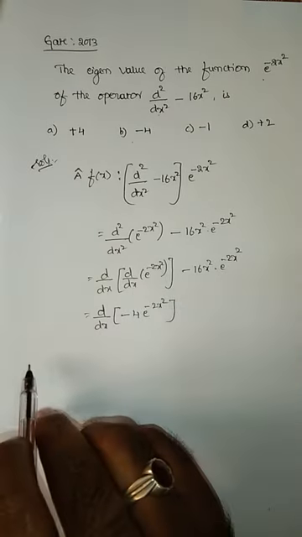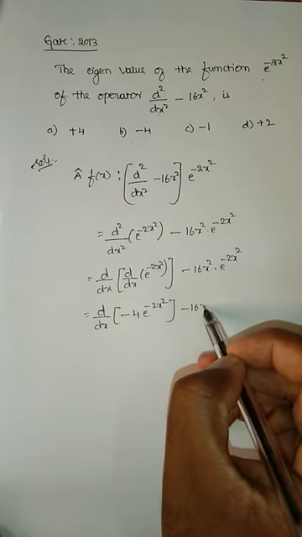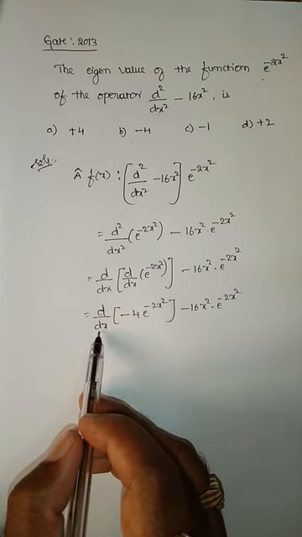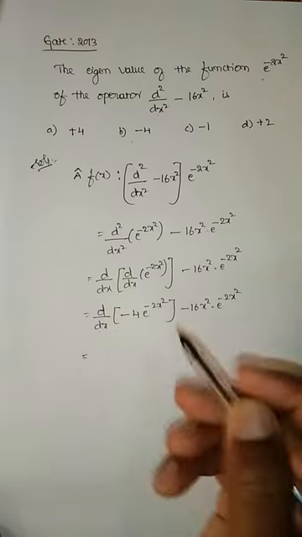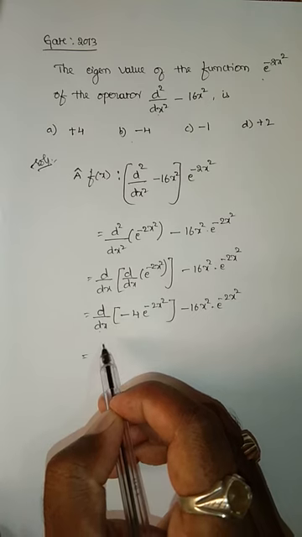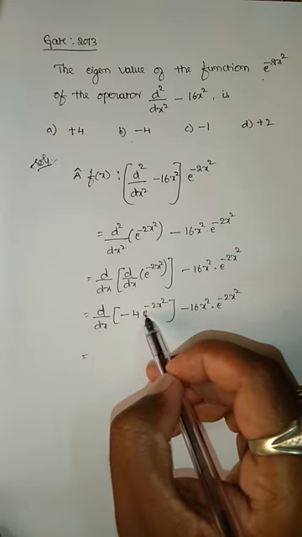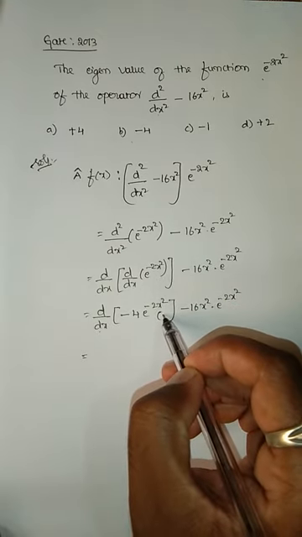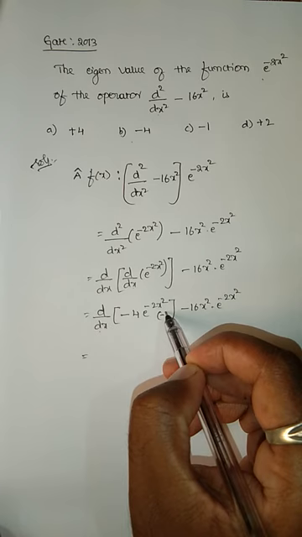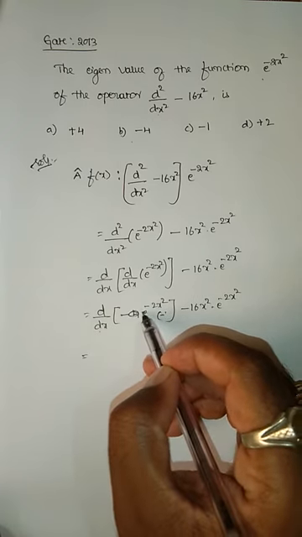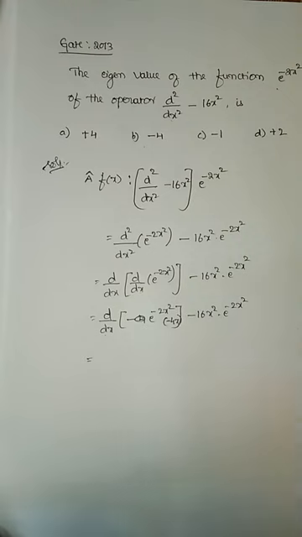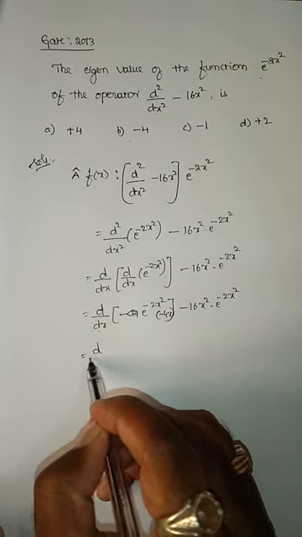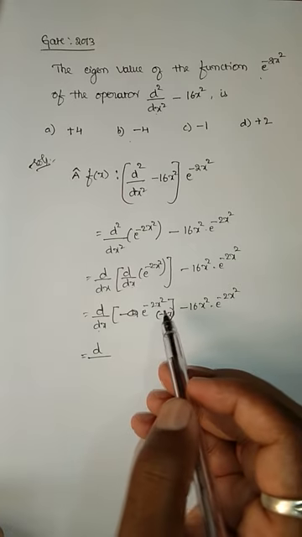Again we have to differentiate this, so that will give e power minus 2x square into minus 4x, right?